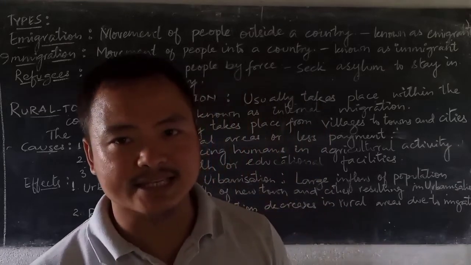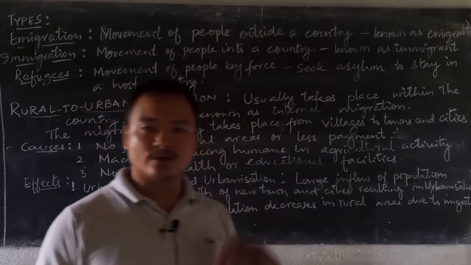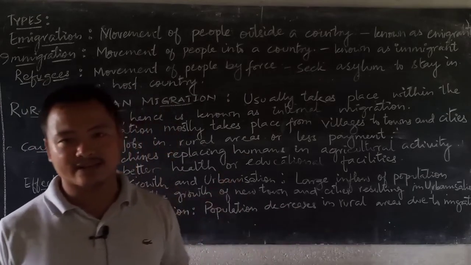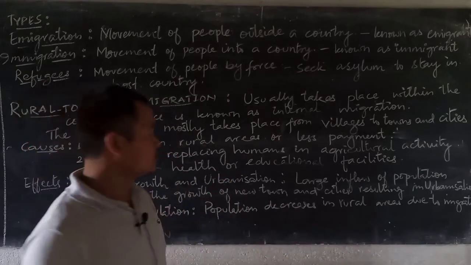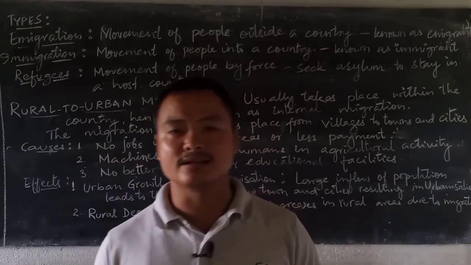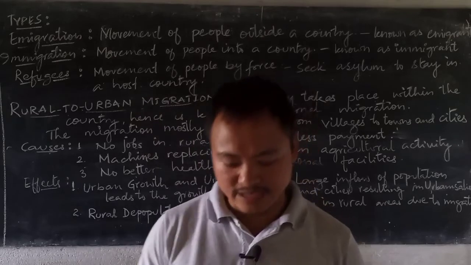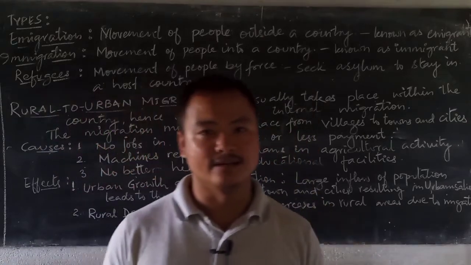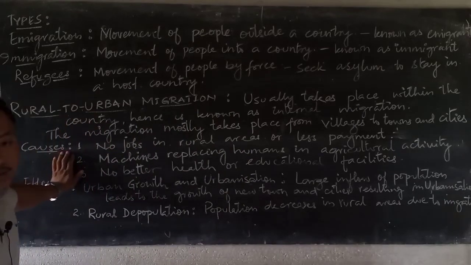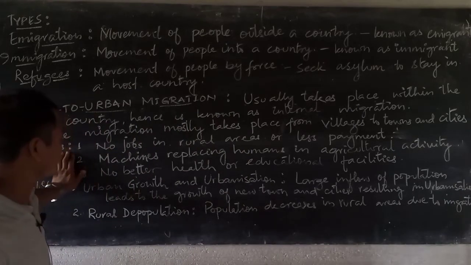When movement takes place from these villages towards the towns or the cities in order to look for a better life, such movement is known as rural to urban migration. Since this takes place mostly within the country, it is also known as internal migration.